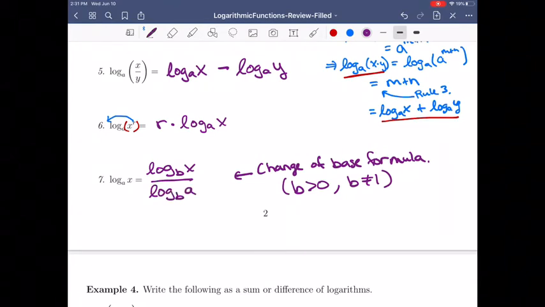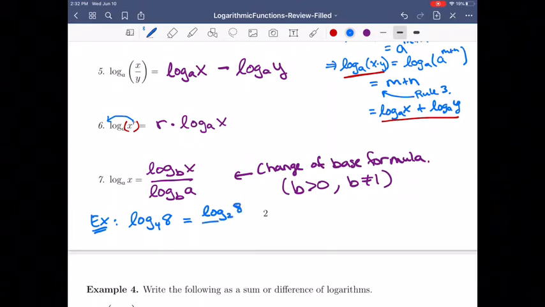Now, you can use this to compute stuff. Say I wanted log base 4 of 8. This is not a nice number because 8 is not a power of 4, but I could switch to base 10 or base e and use my calculator, or here I can also switch to base 2.